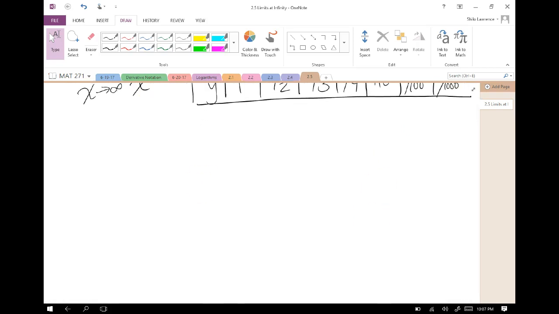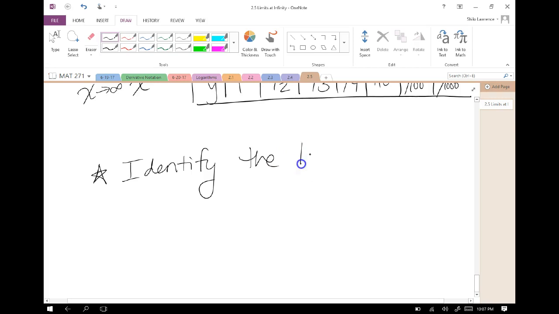So what we're going to do is identify the largest degree in the entire function.